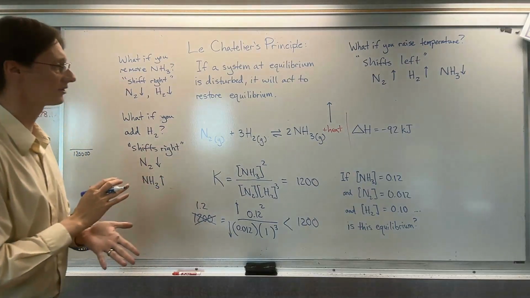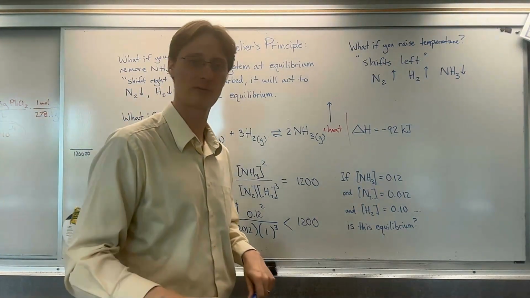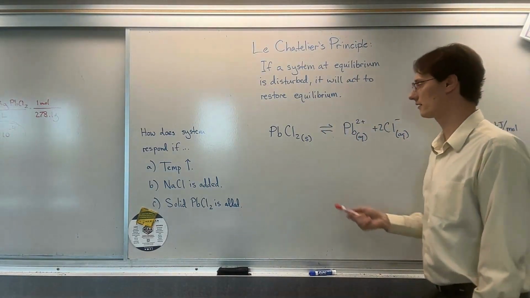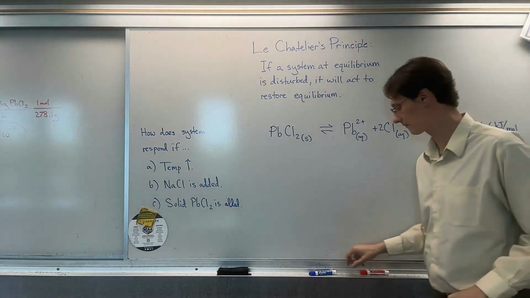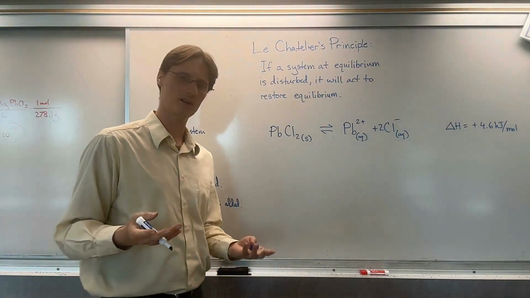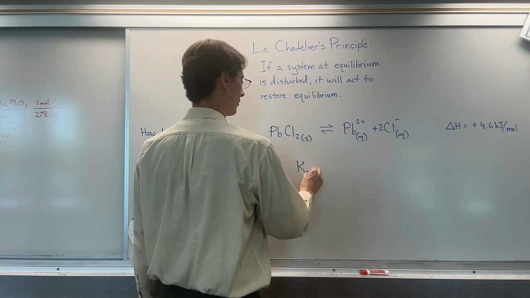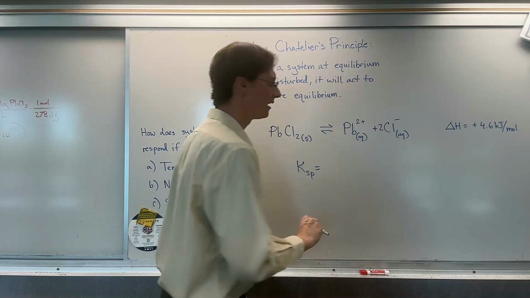So yeah, that's one example. Let's take a look at another one, just for practice. All right, this time we're going to consider a Ksp type reaction, right, where it's a solubility product, right? I'm going to start by actually writing that Ksp expression because it's kind of important for answering some of these questions over here.